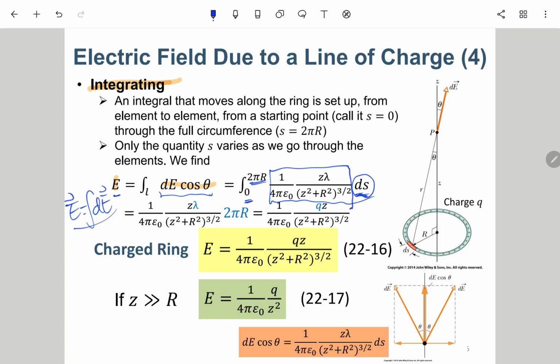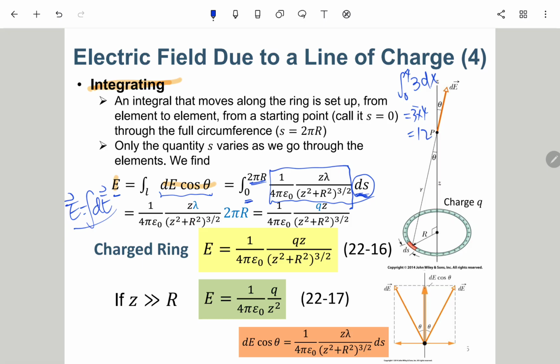All of these other things are constant for this integration and independent of ds. So we are integrating a constant, just like in calculus: if you integrate 3 dx from 0 to 4, it is easy, just 3 times 4, which is 12.